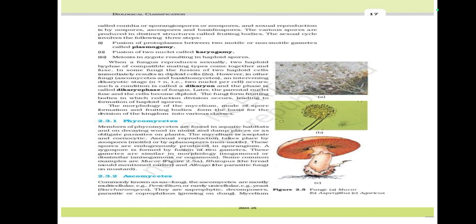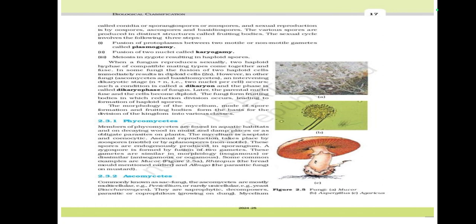The various spores are produced in distinct structures called fruiting bodies. The sexual cycle involves three steps: fusion of protoplasms between two motile or non-motile gametes called plasmogamy, fusion of two nuclei called karyogamy, and meiosis in the zygote resulting in haploid spores.